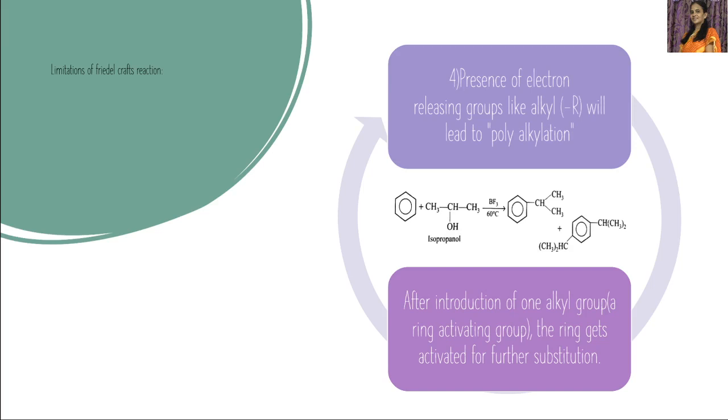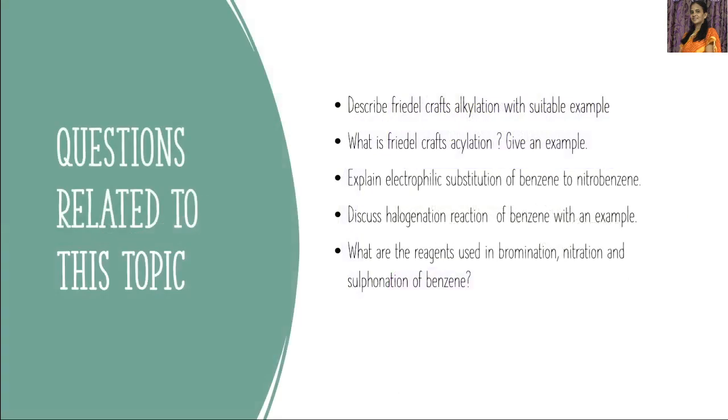Now let us see a few questions related to the topic which we have covered today. Okay, the first one is: describe Friedel-Crafts alkylation with a suitable example. This is a very important question. And the next one is: what is Friedel-Crafts acylation? Give an example.